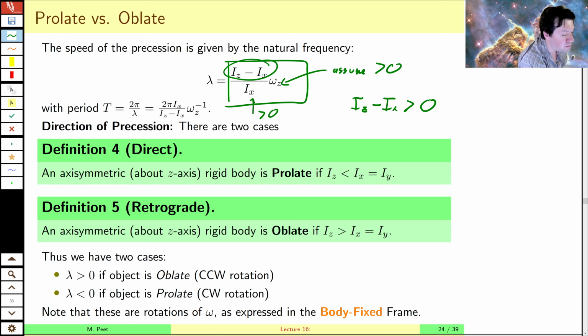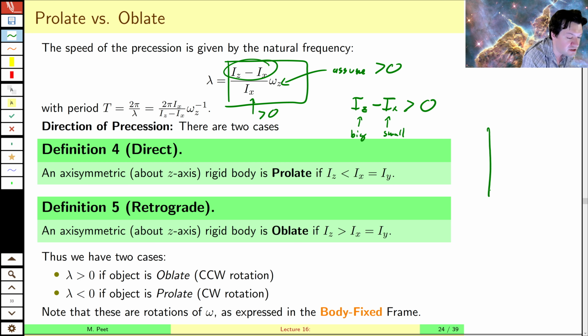And so when is that positive? Well, that is positive when your moment of inertia about the z-axis is bigger than your moment of inertia about the x-axis. So what does that look like? And this is why we talk so much about some intuition into the moment of inertia tensor.